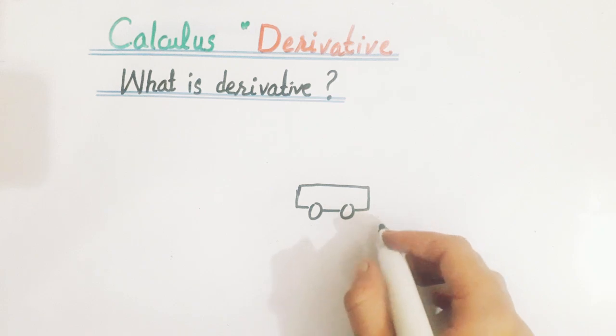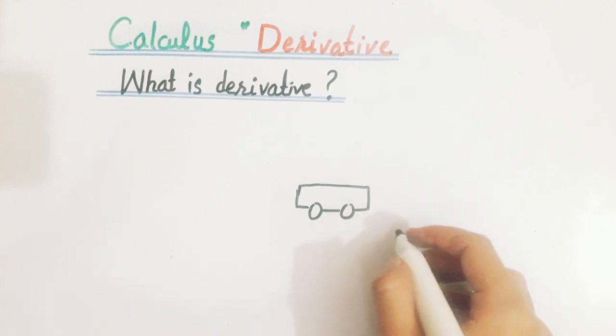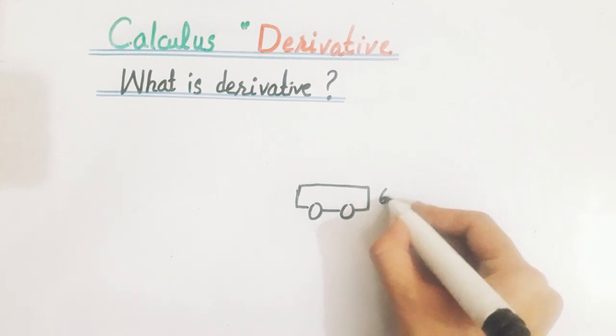You look at your speedometer and it says 60 km per hour.